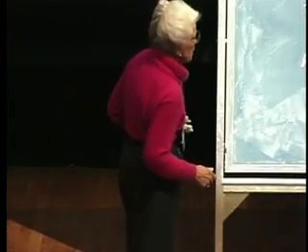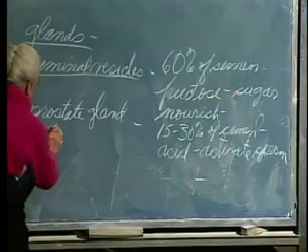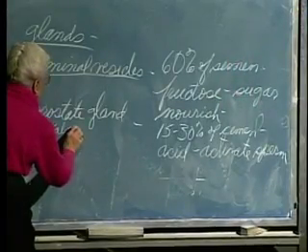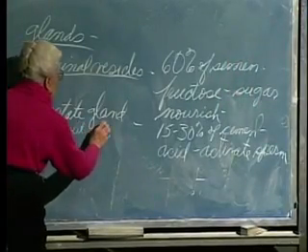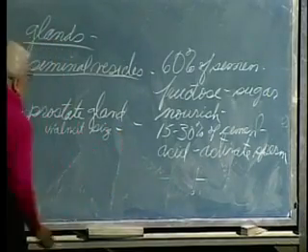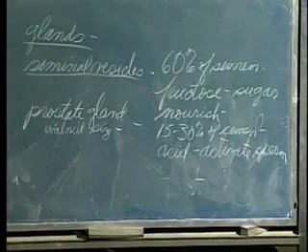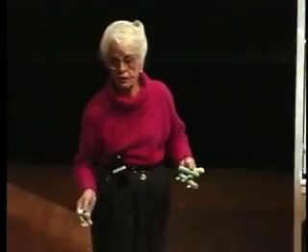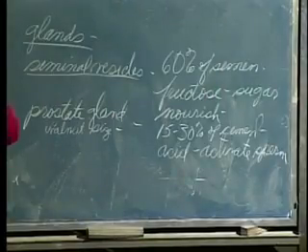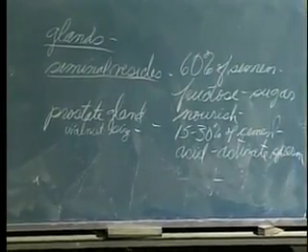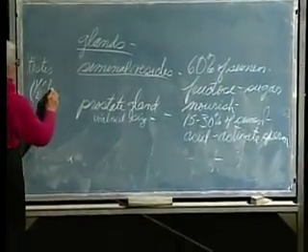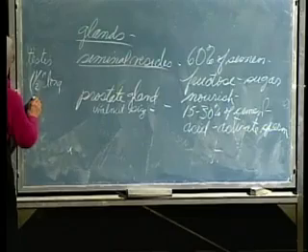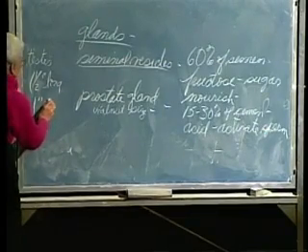Then, how big is a prostate? Prostate is walnut size. How big is a testis? Literature tells us 1.5 inches long by 1 inch wide.